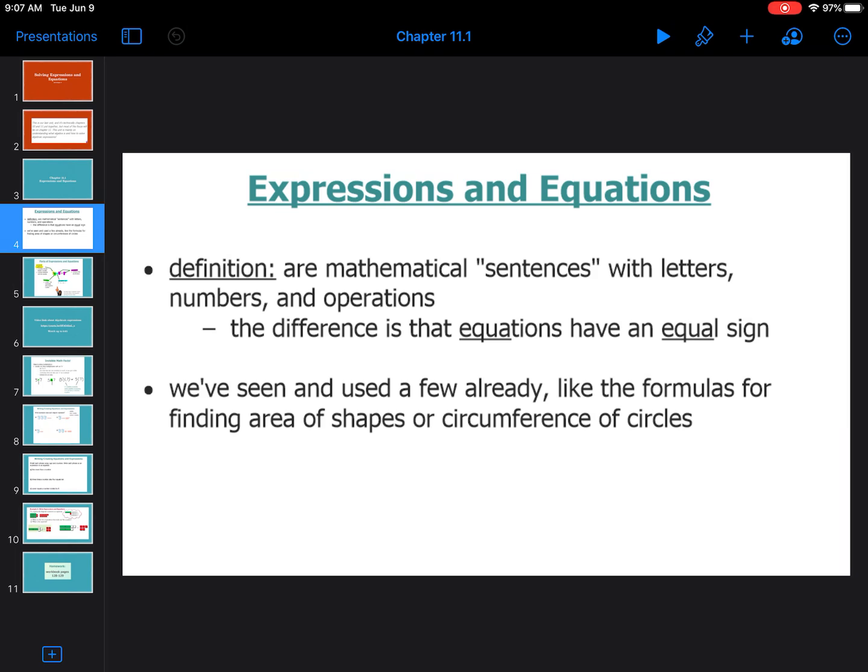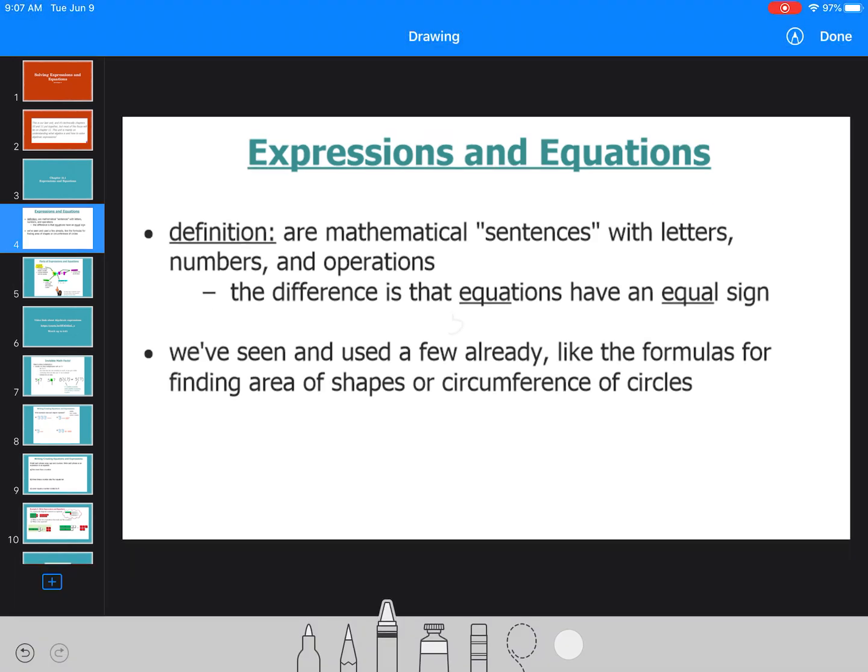So for example, 5x plus 6 equals, let's say, 27. All right, that would be an example of an equation because it has that equal sign.